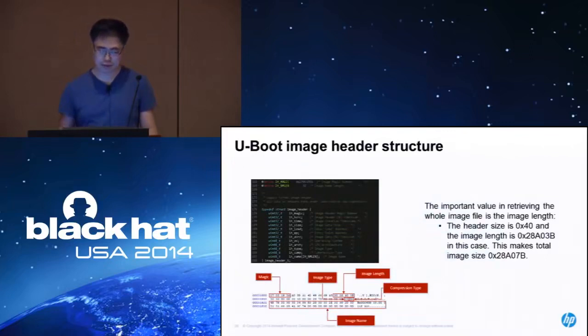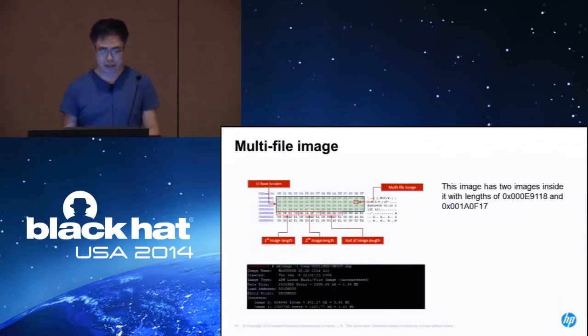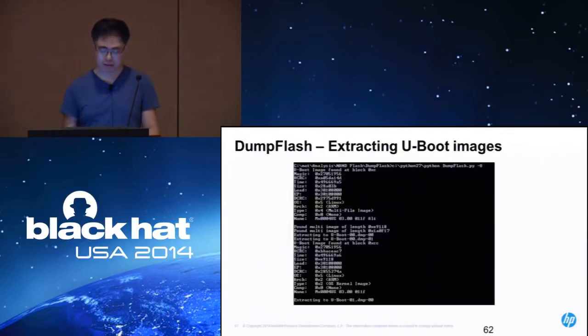And for the U-Boot images, these are the actual payload for U-Boot, and they have their headers, and you can just load them from IDA directly. But IDA doesn't support multi-file images that well. So in that case, you can use my tool, with the -U option.